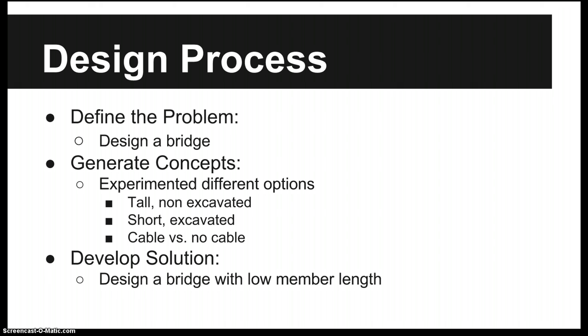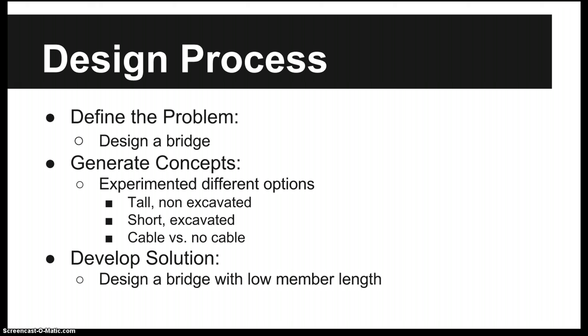And after I decided to use my short bridge, I was deciding between a cable versus no cable, and I decided to use no cable because it seemed like the cable was a lot more money, and if I used more members instead, it would make a cheaper cost. So I went forward with my no cable choice with a short excavated bridge.